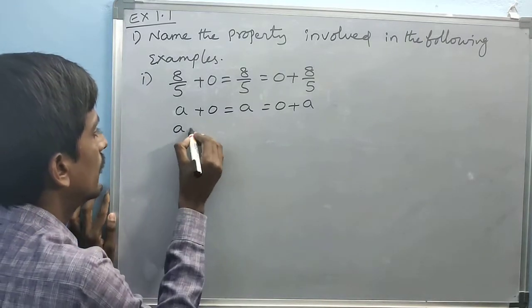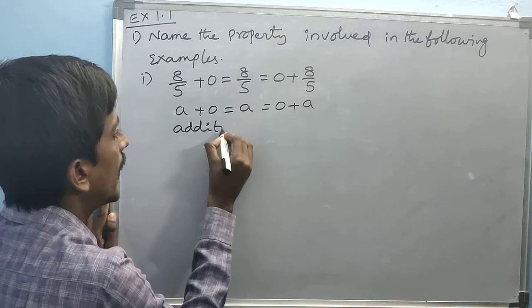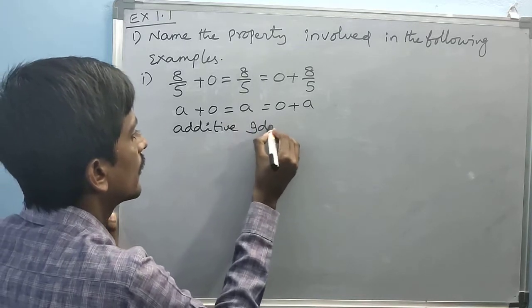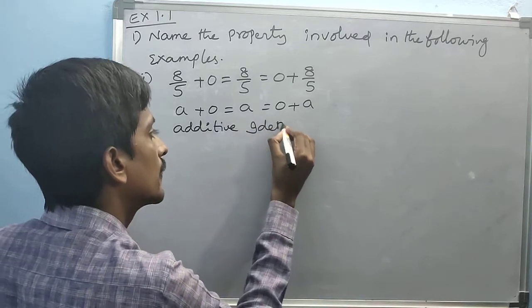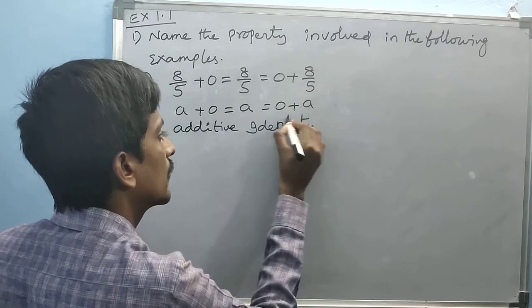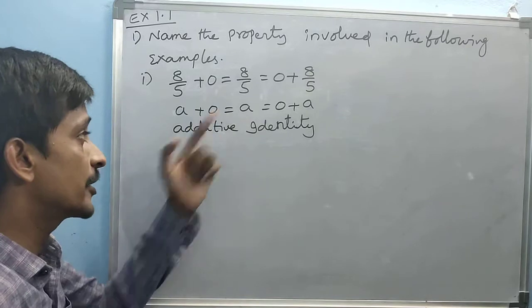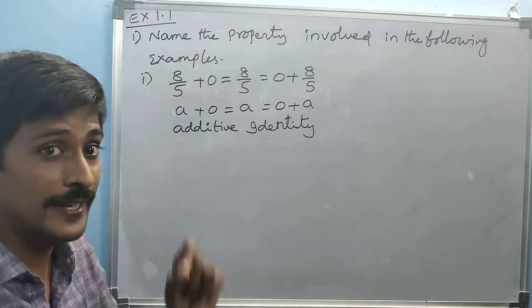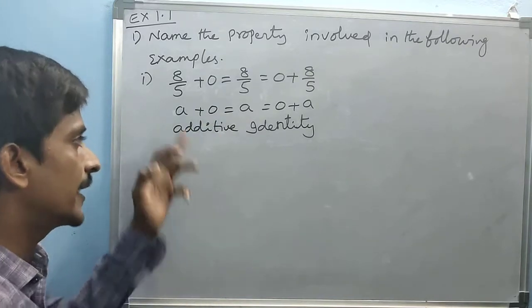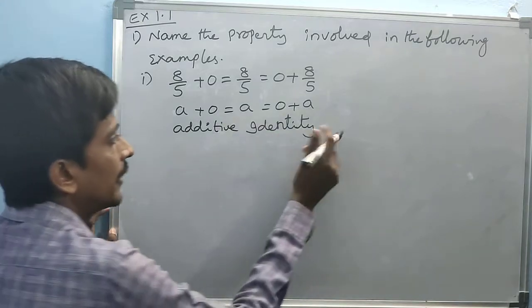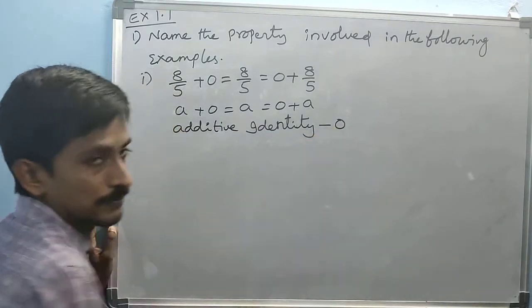Additive identity. This is the additive identity property. Here 0 is called the additive identity.